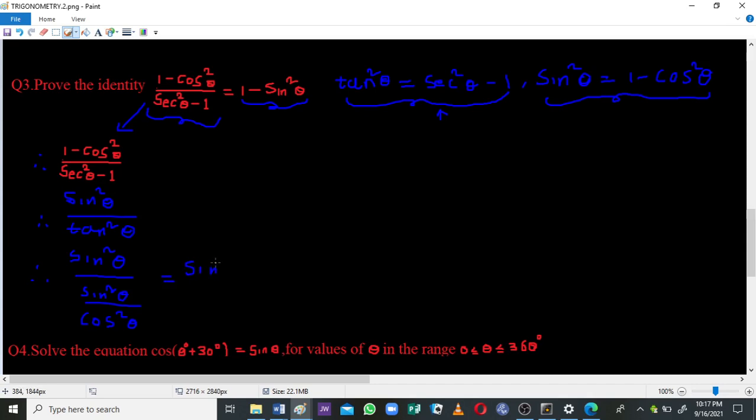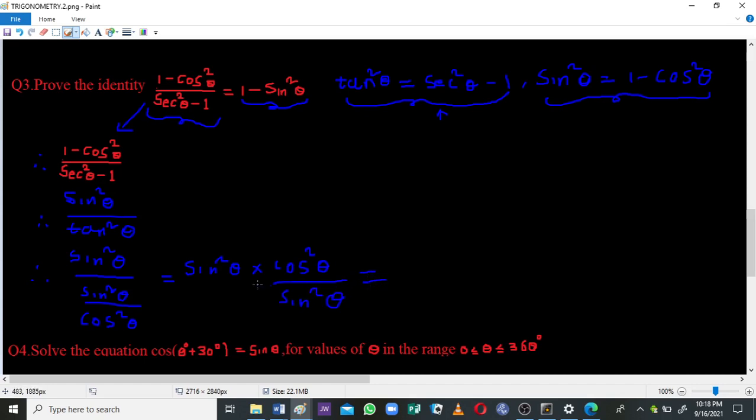Now what we have here can be written as sine squared theta over, let's do this, sine squared theta times, if we multiply there, it's the same as having cos squared theta divided by sine squared theta, right?